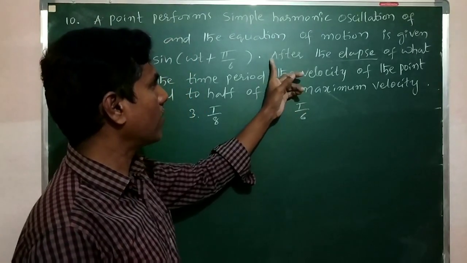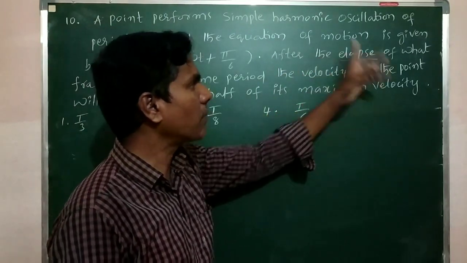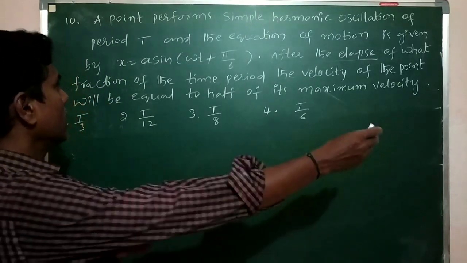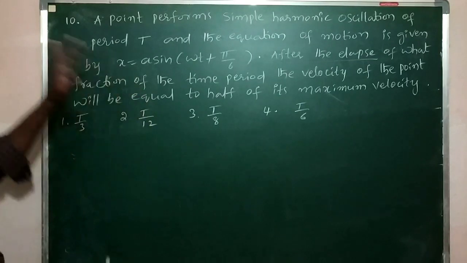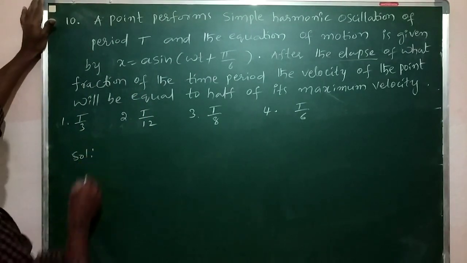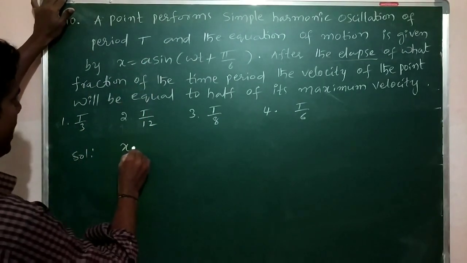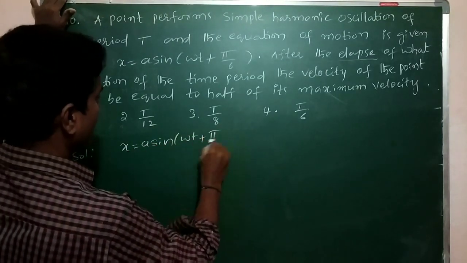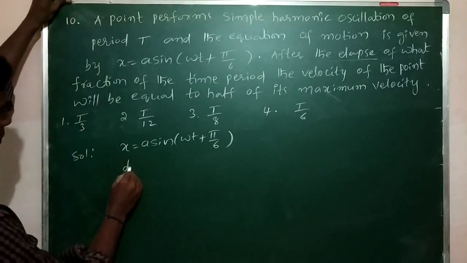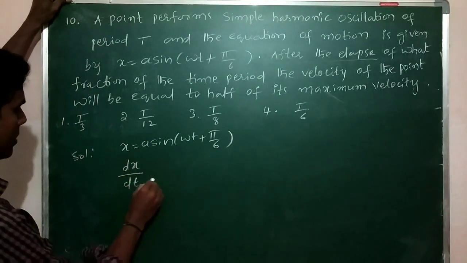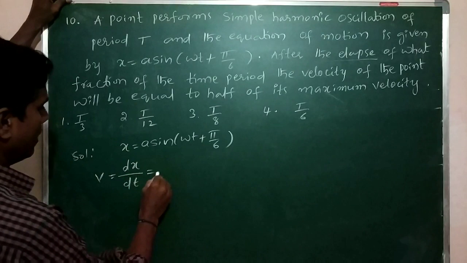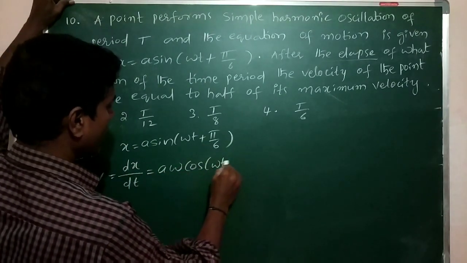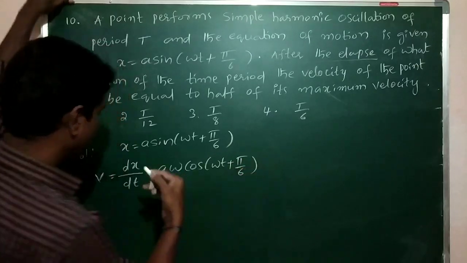We have to calculate that elapsed time. According to the given equation x equal to A sine of omega t plus pi by 6, the differentiation of x with respect to time, which is called velocity, is equal to A omega cos of omega t plus pi by 6.